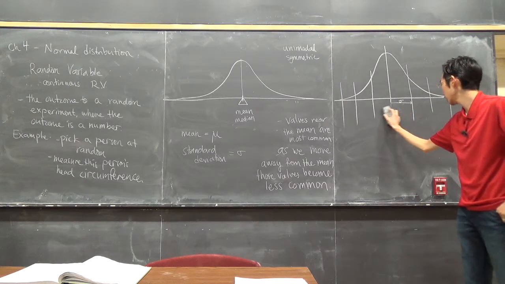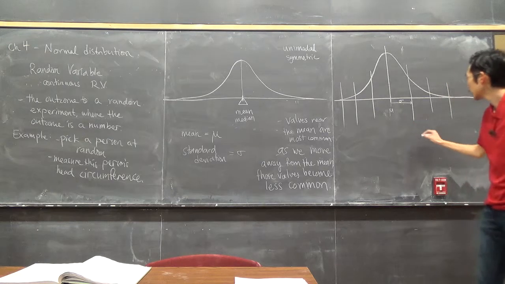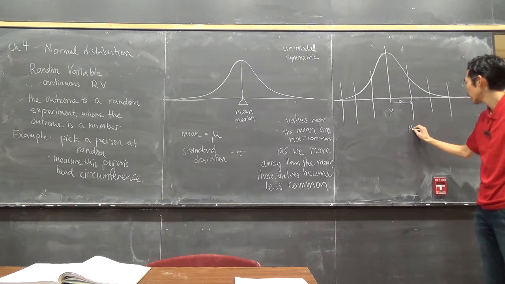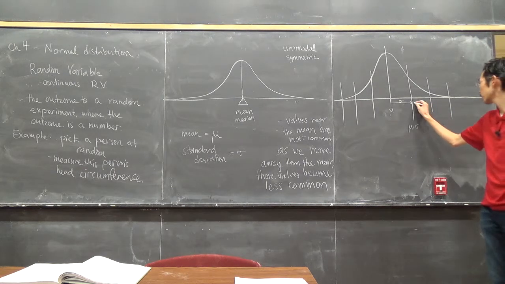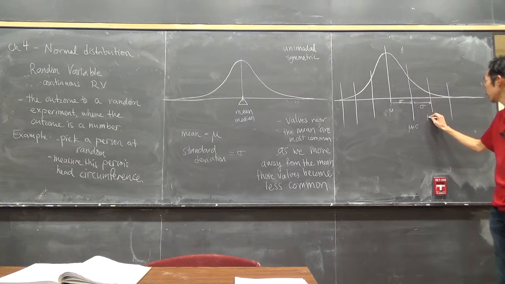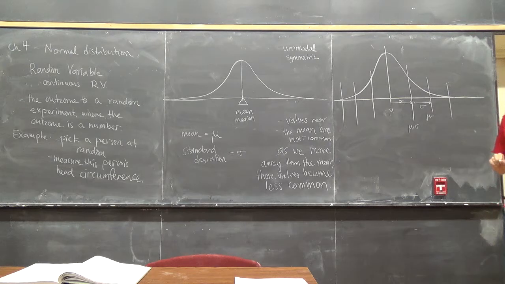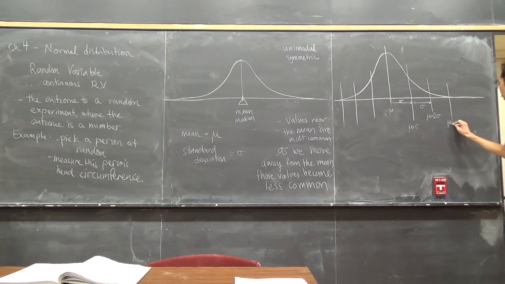And actually, let me replace the word mean with mu. So this spot right here is mu plus sigma. And this is also 1 standard deviation. So this spot right here would be mu plus what? Mu plus 2 sigma. And right here I would have mu plus 3 sigma.